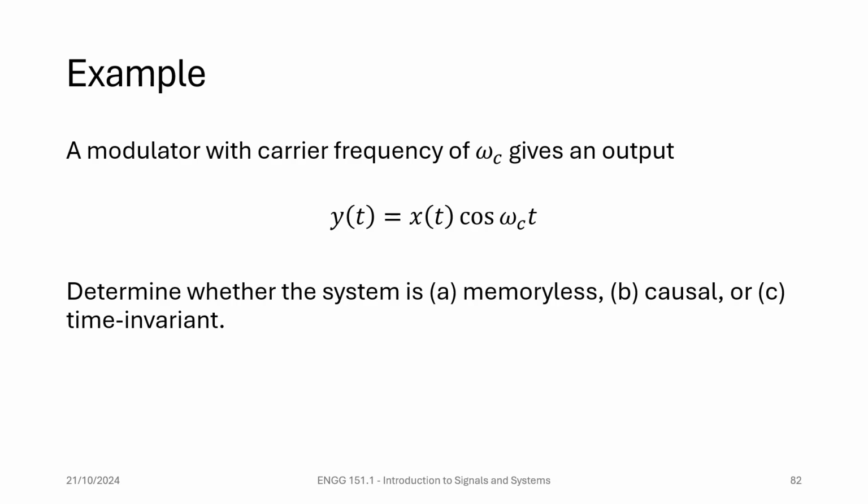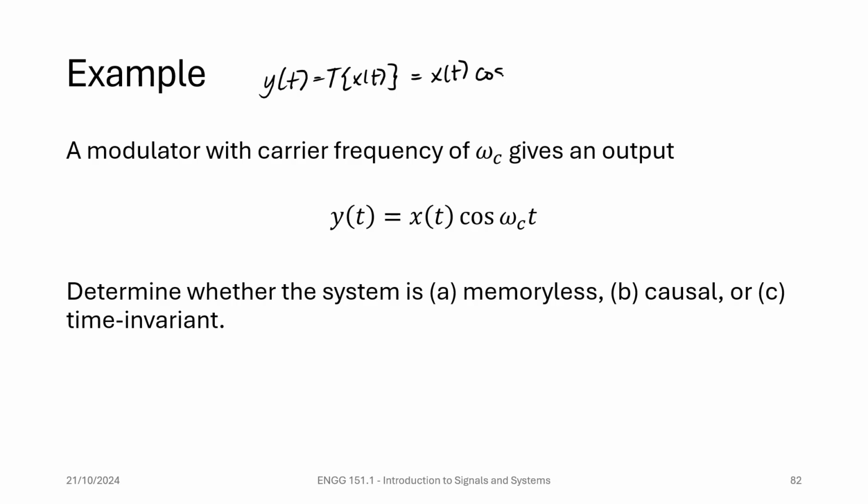First, let's check if it is memoryless. When we say memoryless, the output should not depend on past and future inputs. It should only depend on the present. For the general representation, y of t is equal to T of x of t, which is equivalent to x of t.